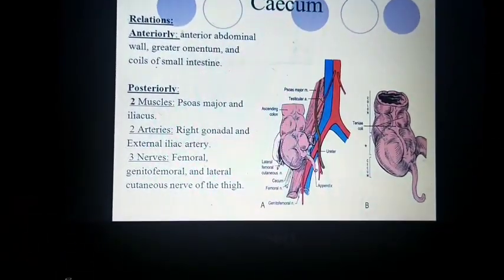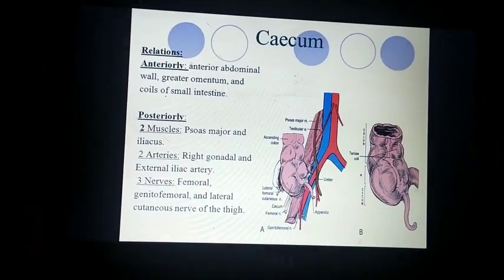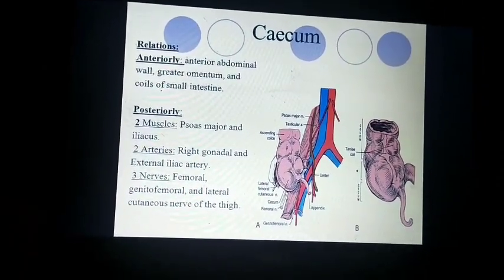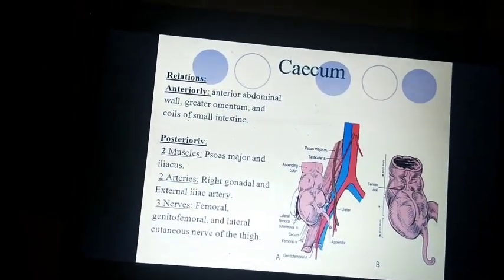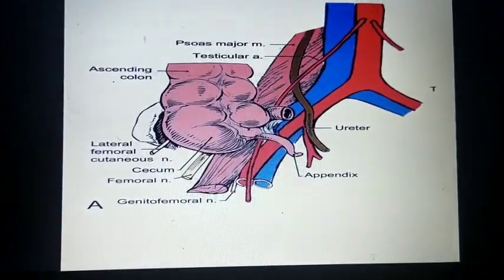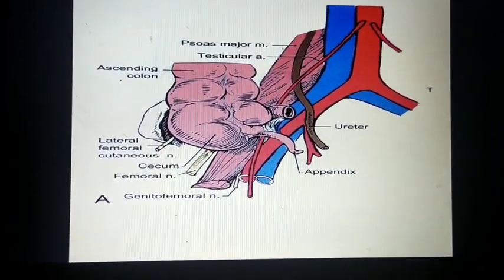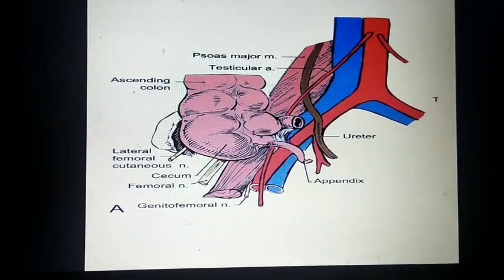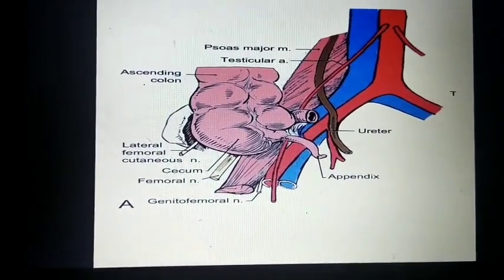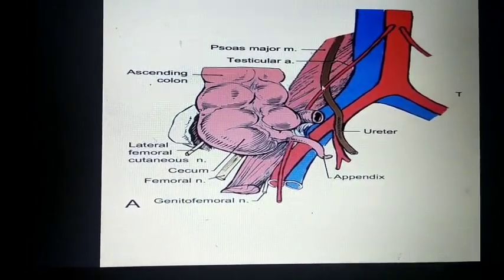In that you can see the anterior abdominal wall, coils of small intestine and greater omentum. In this picture we can see the posterior relationship of the cecum. This is the psoas major muscle.